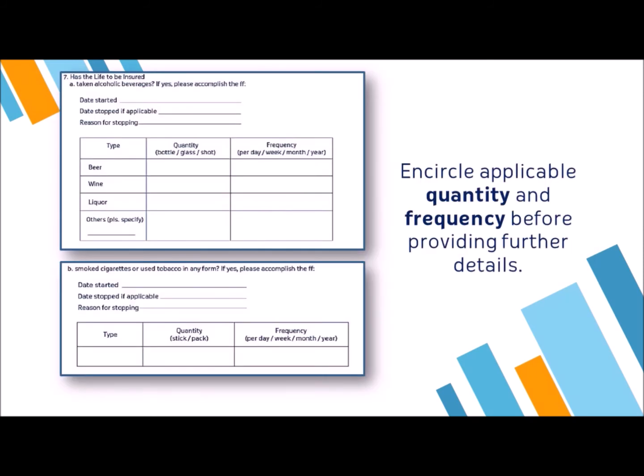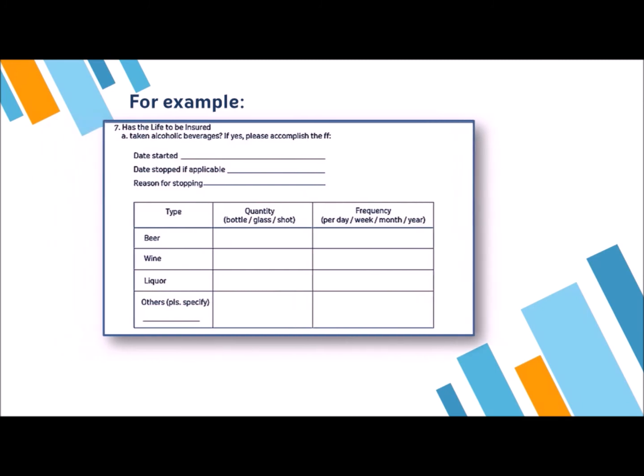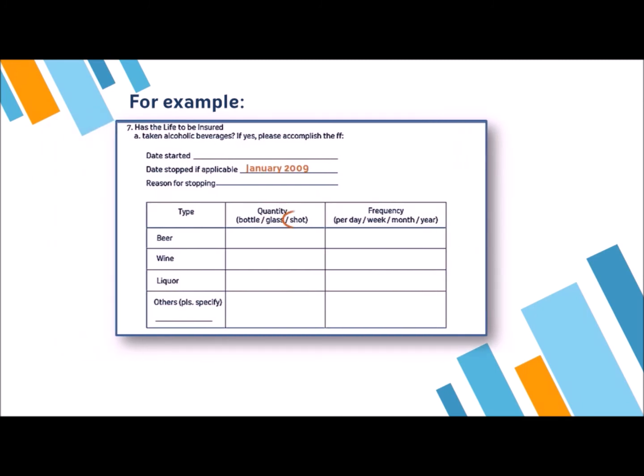Encircle applicable quantity and frequency before providing further details on items number 7, letter A, and letter B. If not applicable, just write NA.